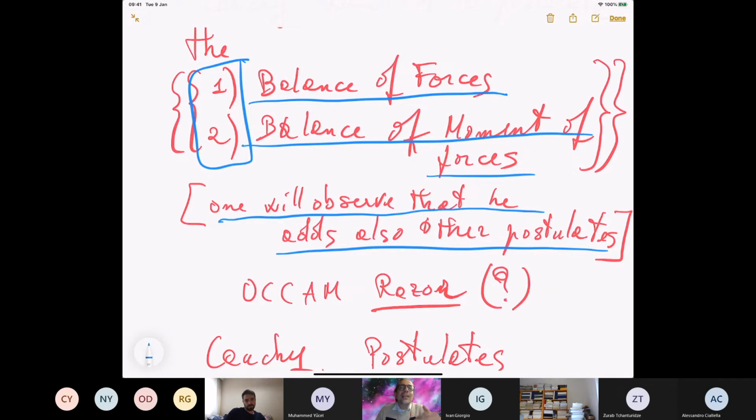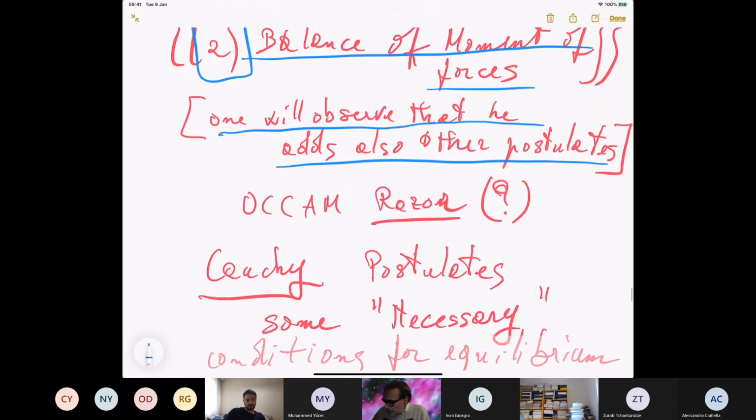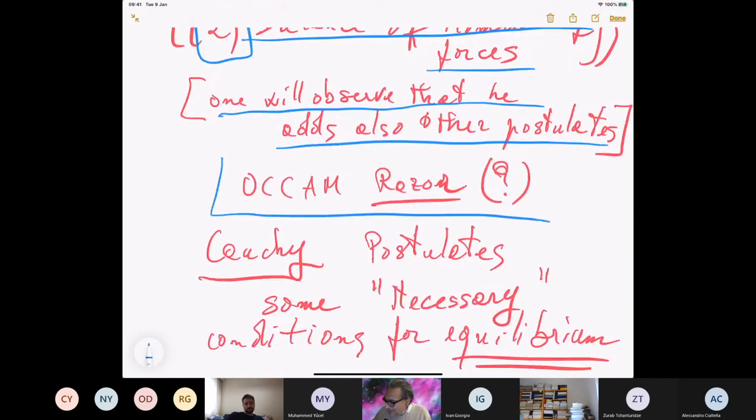Then he has to add the entropy inequality for selecting among physically feasible and physically unfeasible constitutive equations, and so on. So we have an immediate criterion for telling that the Cauchy approach is not the best one, and it is Occam's razor.